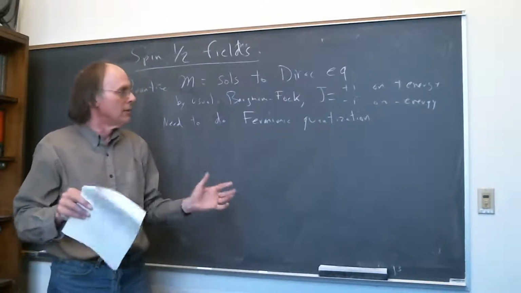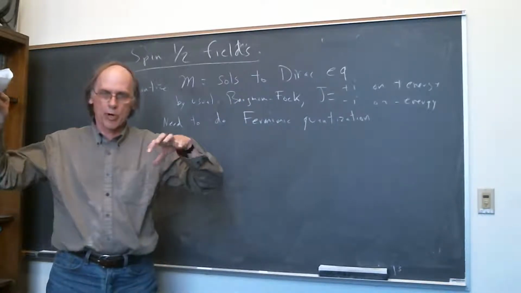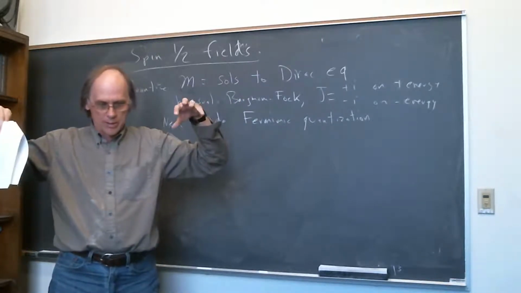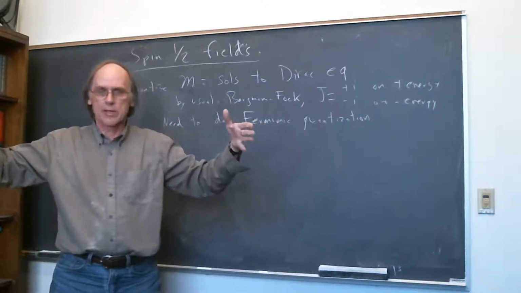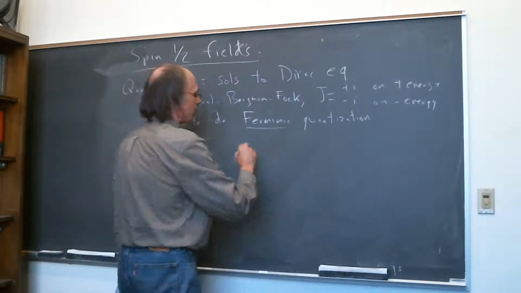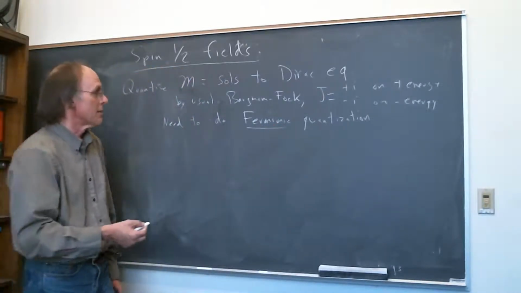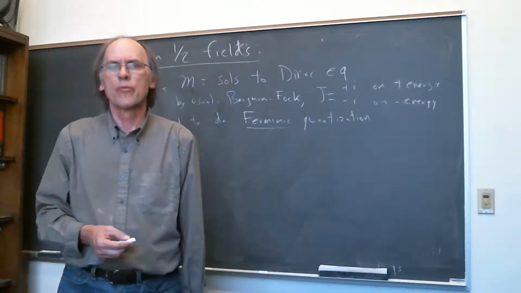If you want positive energy states and you want causality to work out, you want the commutator to be 0 for space-like separated things, then you have to do this. So you only do the fermionic quantization when you are dealing with half integer spin.